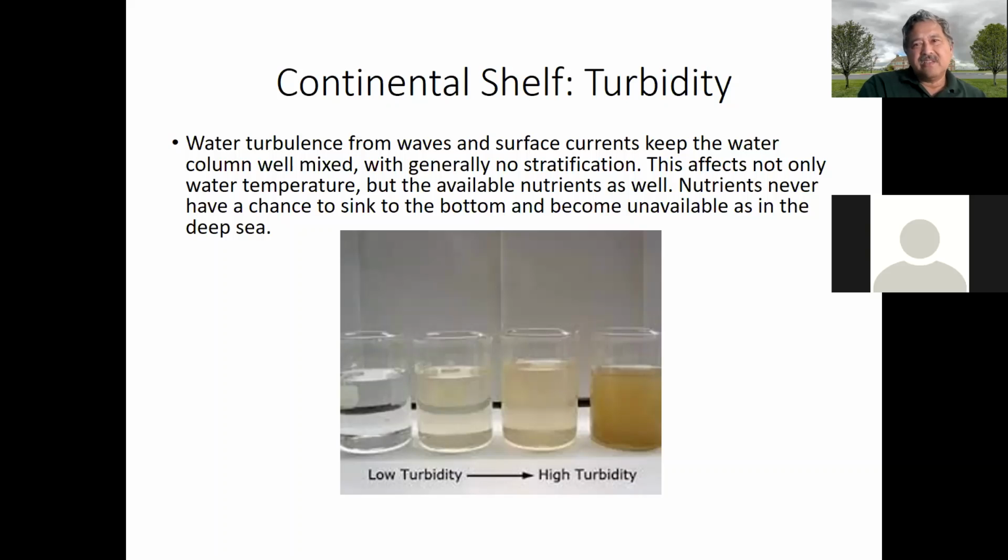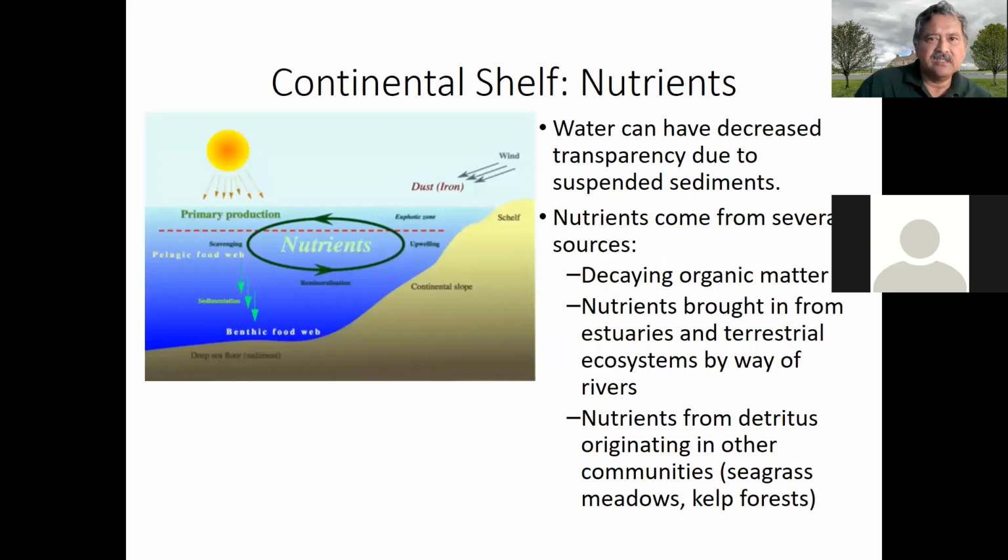So these are different plants that are affected by the turbidity of the water, and both of these seaweeds need a significant amount of nutrients. That mixture of nutrients is happening in the continental shelf region of the ocean because of the mixing of the water that happens because of the constant movement.